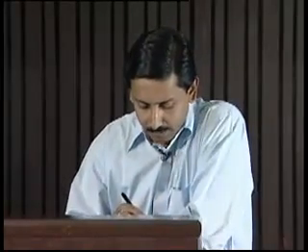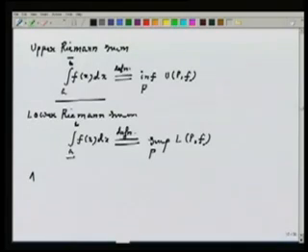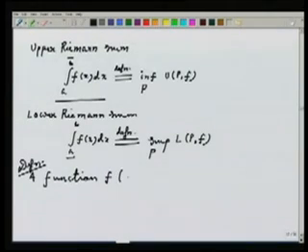Now a function f, this is the definition, a function f which is certainly bounded. Notice that boundedness is very important, otherwise capital Mi and little mi will not exist. For the existence of the supremums and infimums, I need boundedness of the function.